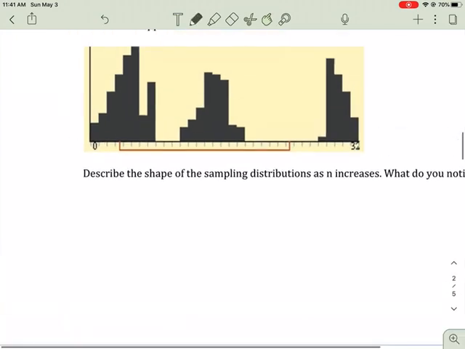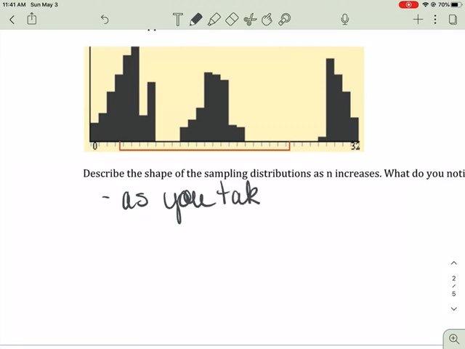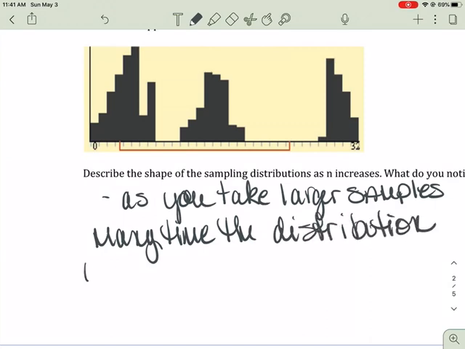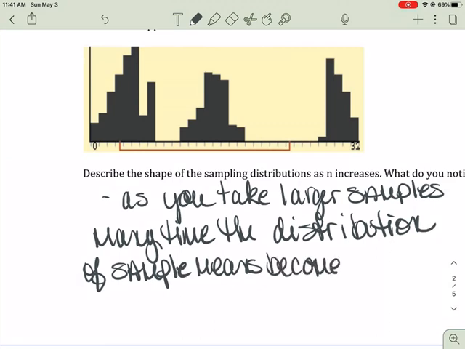So maybe we want to write that down: that as we take larger samples many times, the distribution of sample means, and remember these are all the means of size 25, becomes normal.